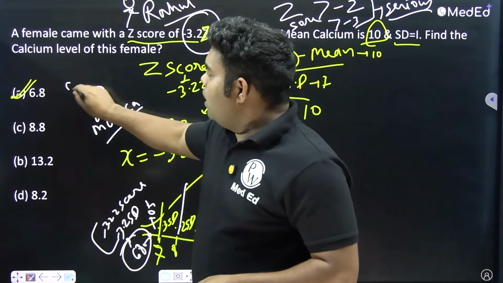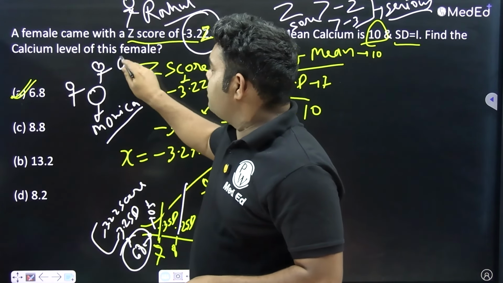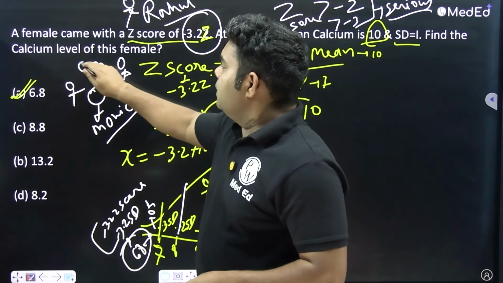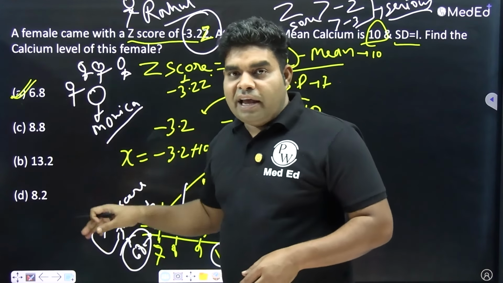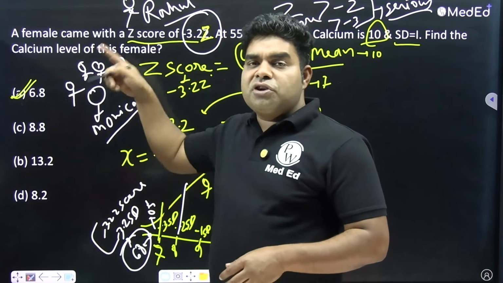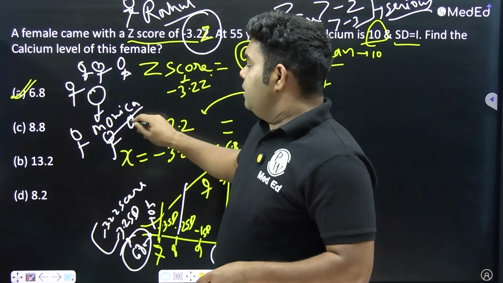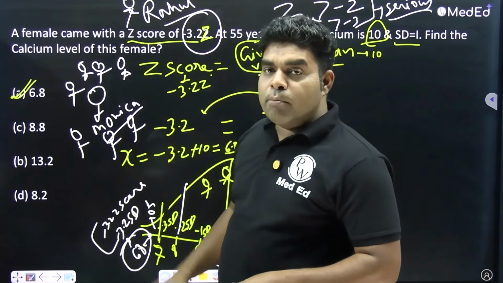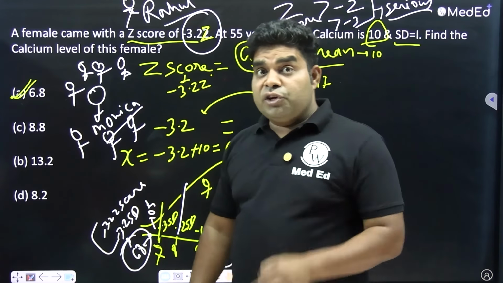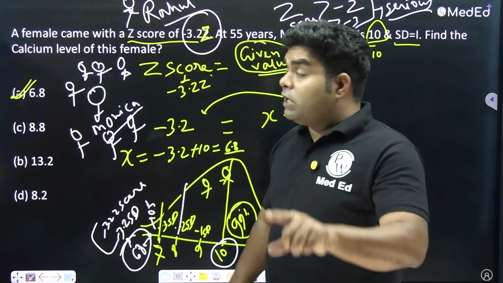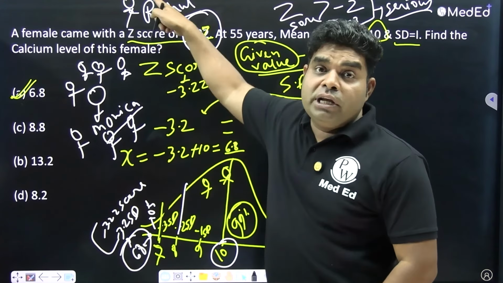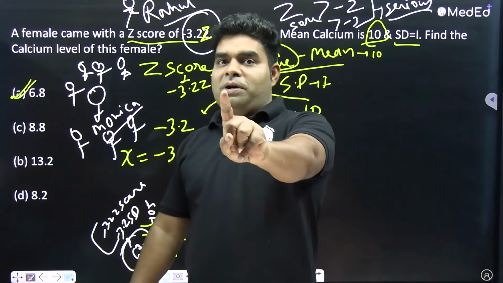If I want to know how far each student is from Monica, that is standard deviation. It is the average distance of each student, each number, from the middle of the class, from the mean. But if I want to know the distance of one student, Rahul, from Monica, then we need Z score.